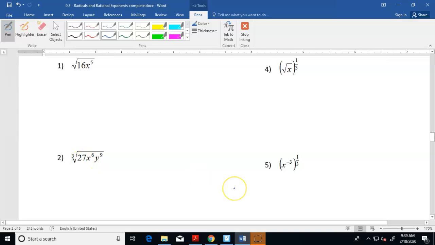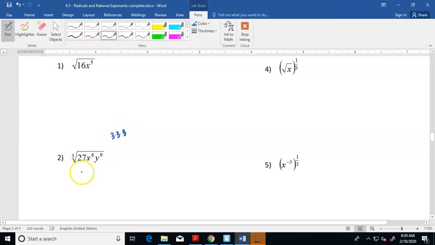Hey, Zeus, what's the cube root of 27? Okay, 3. I've heard 3 and I've heard 9. So we're thinking what times itself 3 times would give us 27. So 3 times 3 is 9. 9 times 3 is 27. So it is 3.